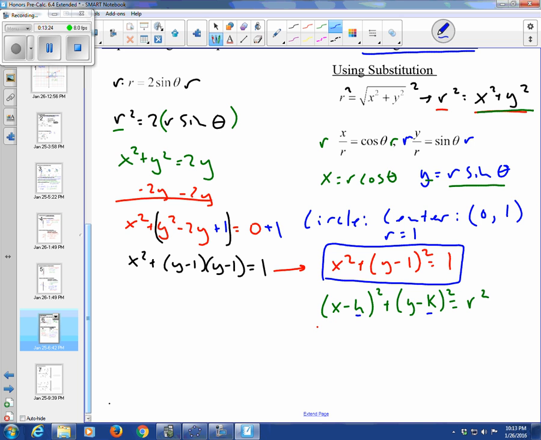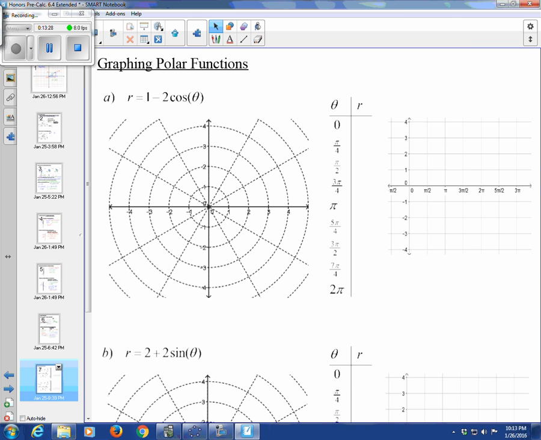Okay, so we are going to go ahead and talk a little bit about graphing some of the other kinds of polar functions that we're going to see. In general, what we're going to do is the same thing we did before. We're going to plug in theta values in increments of fourths of pi for a full rotation.